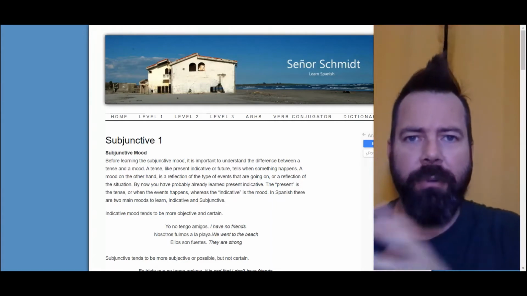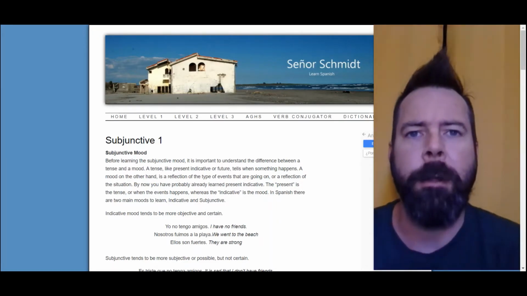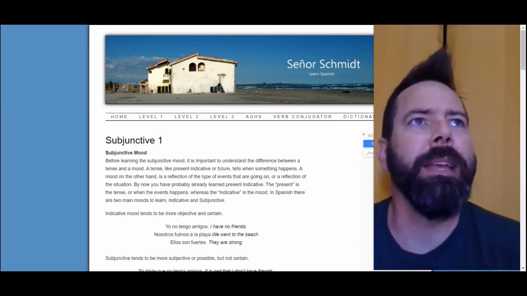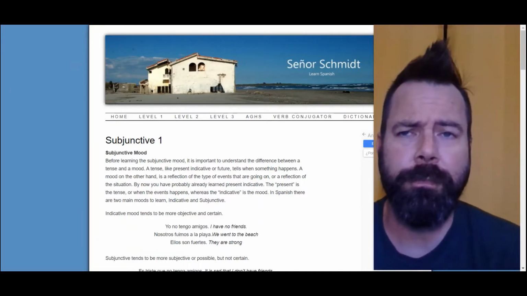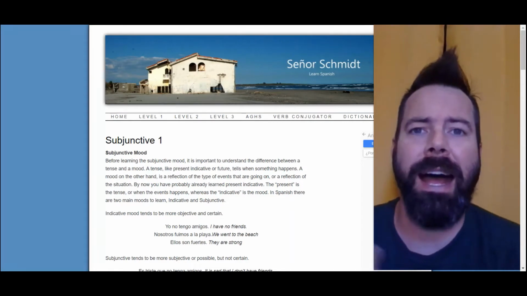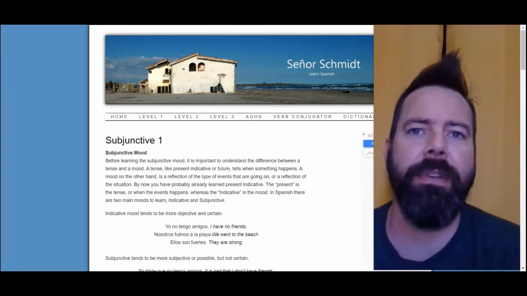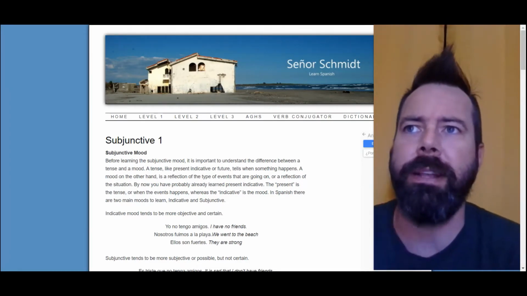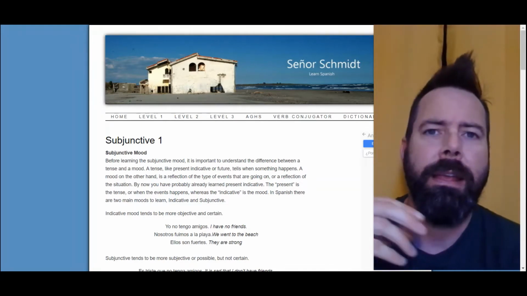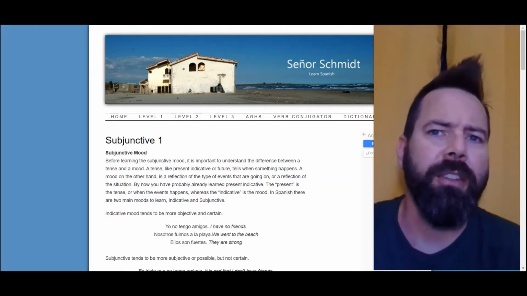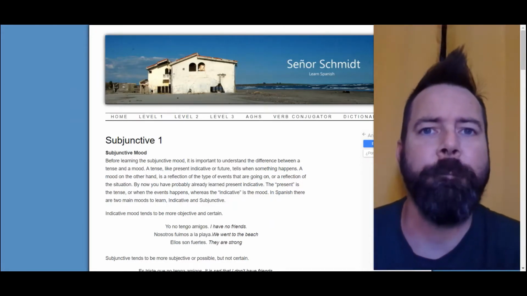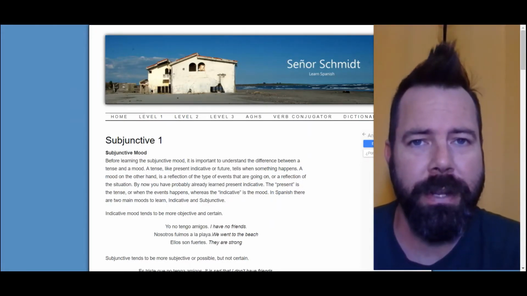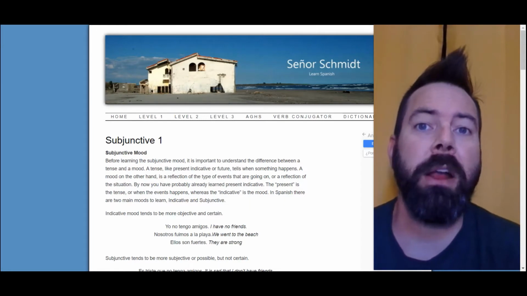So all that stuff we've been doing is very straightforward, and it's not a complicated tense. For example, if you just say "I eat a cheeseburger," that is very simple. It's not wishy-washy. It's not uncertain, and that's why it's indicative mood. It's very straightforward.